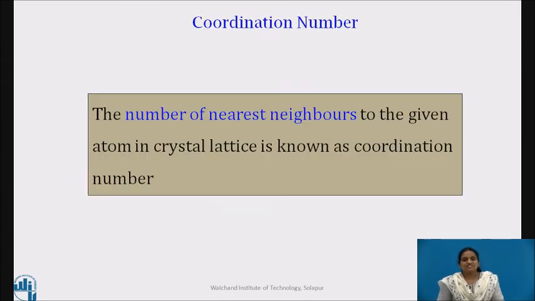Now let us see what is meant by coordination number. The coordination number of an atom in a crystal is the number of nearest neighbor atoms. It actually signifies the tightness of packing of atoms in the crystal. So we can define coordination number as the number of nearest neighbors of a point in space lattice in a unit cell.